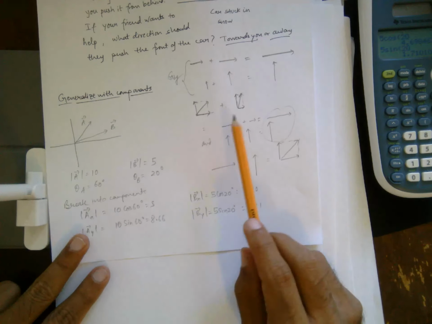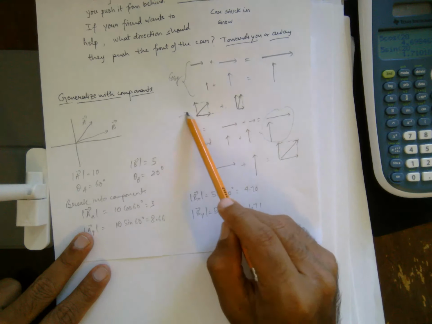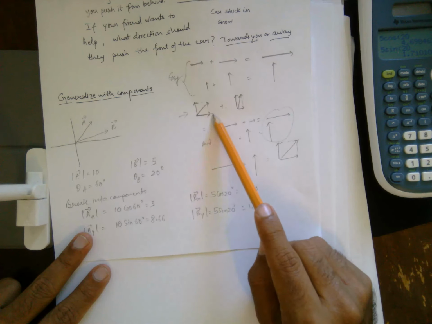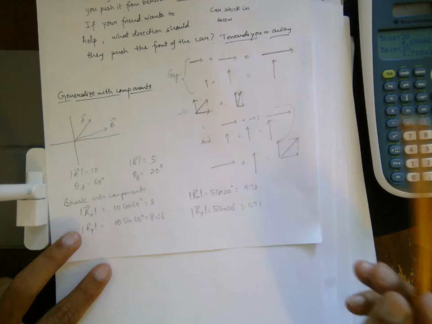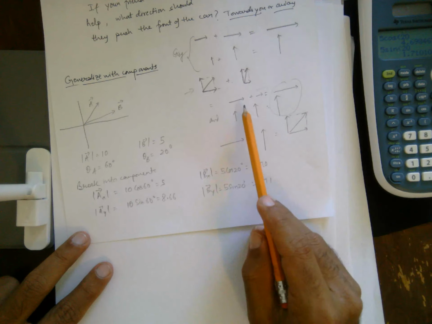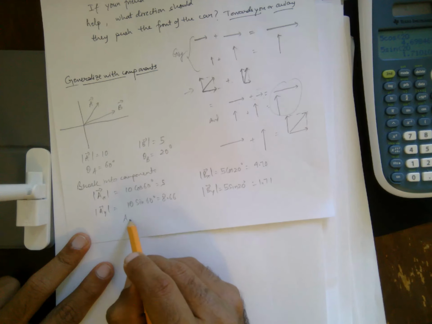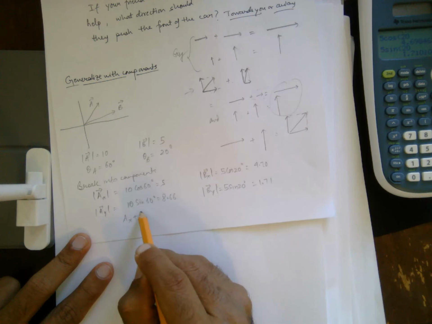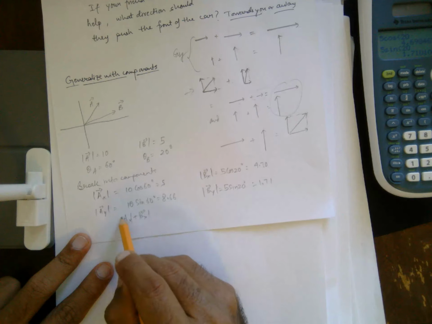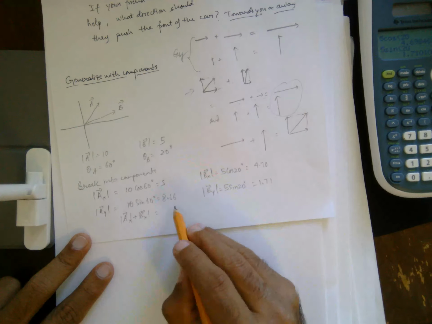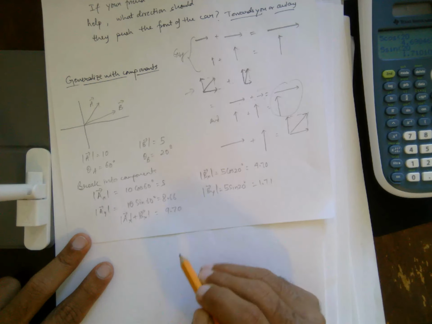So right now in this picture we are here. We found AX, AY, BX, BY. And now we're going to do this addition. That's horizontal, so I can just add them together. 5 plus 4.70 is 9.70.